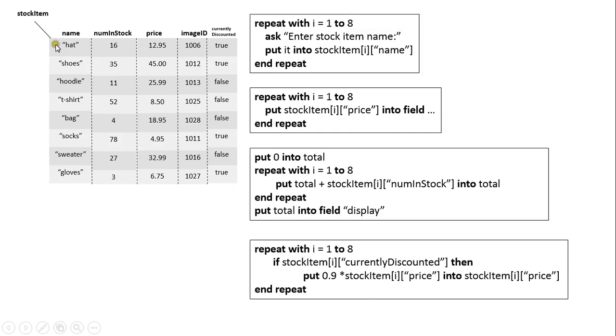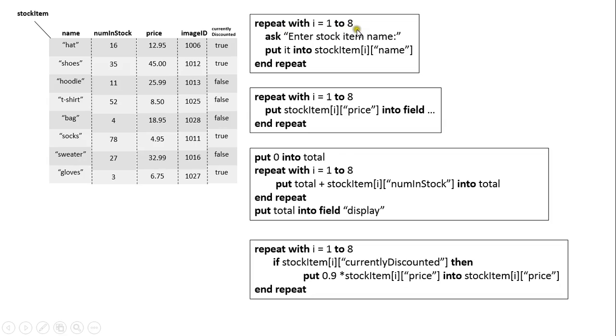Now LiveCode manages record structures in a slightly different way. It uses the square bracket notation. So it looks a bit like a one-dimensional array, and in fact that's how LiveCode manages these sorts of data structures, by just simply making it a collection of one-dimensional arrays.